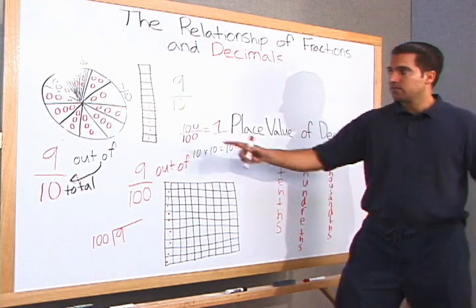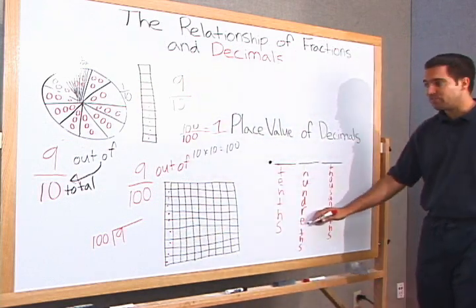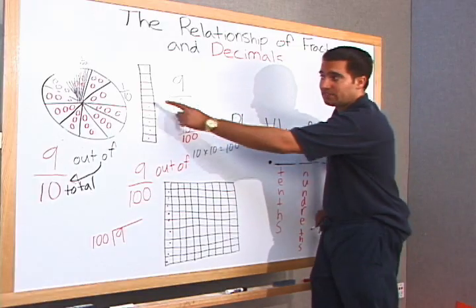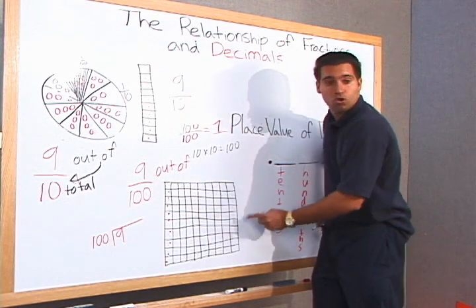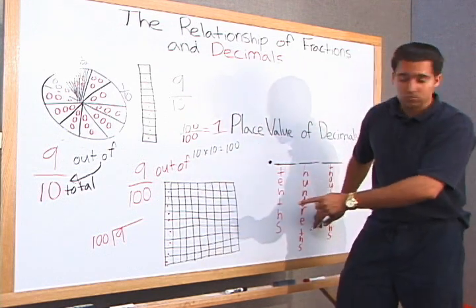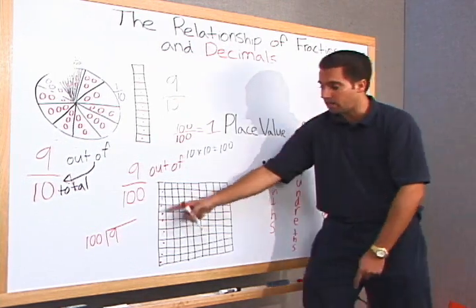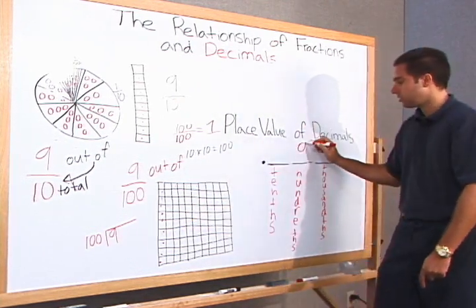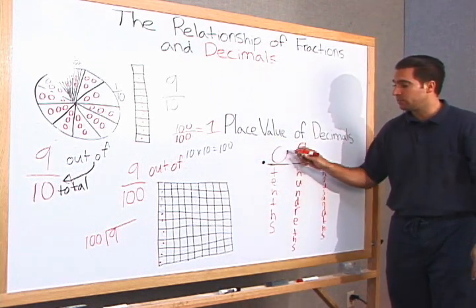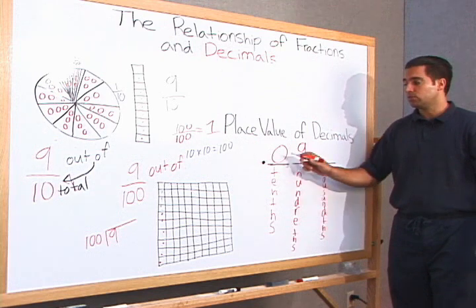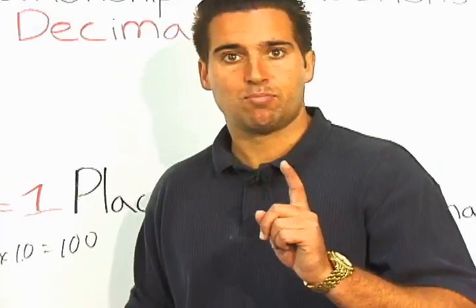How many red dots? 9. So you come over here to the hundredths because we're not dealing with 10 slices of pizza or 10 blocks anymore. We're dealing with 100. So we deal with the hundredths. How many blocks with a red dot? 9. 9 hundredths. And we fill the space in with a 0. 0.09.